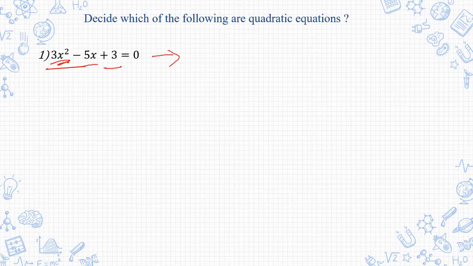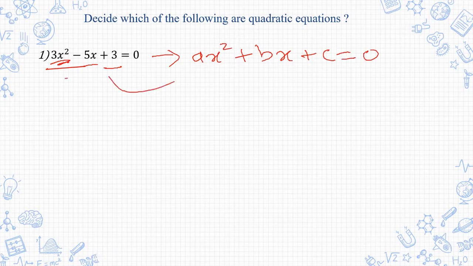If we compare it with the general form, ax square plus bx plus c equal to 0, this is in the general form. So this is a quadratic equation.